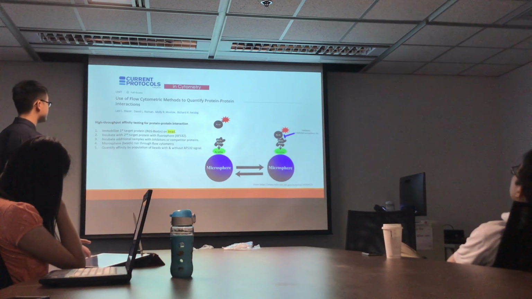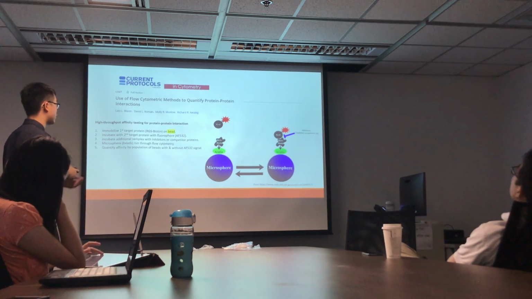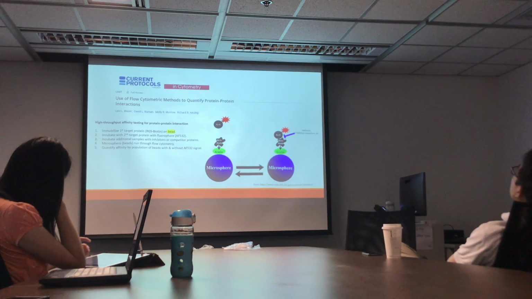First of all, they look at something they call RGS biotin. They first immobilize this first target protein by attaching it to a microsphere, also known as a bead. The beads have a size pretty similar to a cell, and therefore they can just use the sample to flow through the flow cytometer.